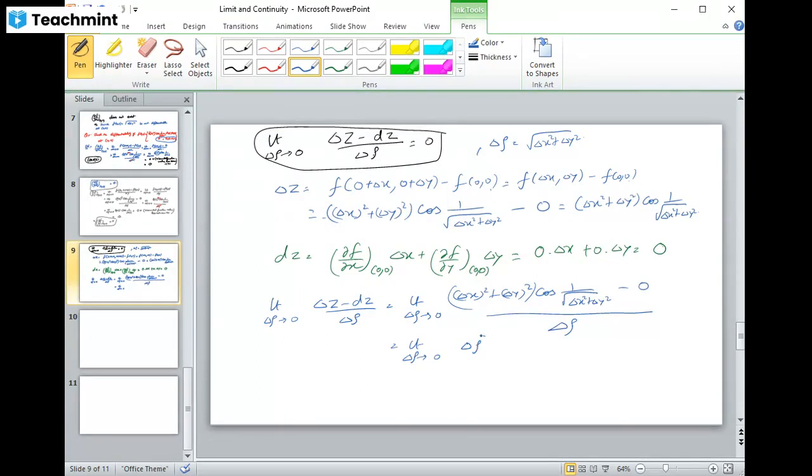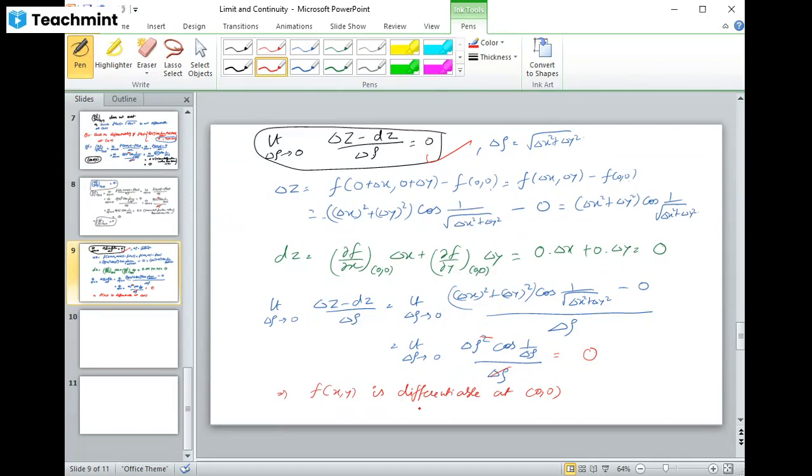So this is delta rho square into cos of 1 upon delta rho, upon delta rho. Again, one power of delta rho gets cancelled out. And again, because delta rho tends to 0, it is 0 into a bounded function, so its limit comes out to be 0. Hence this condition is satisfied. Because this condition is satisfied, we can conclude that your function f of xy is differentiable at the point 0, 0.